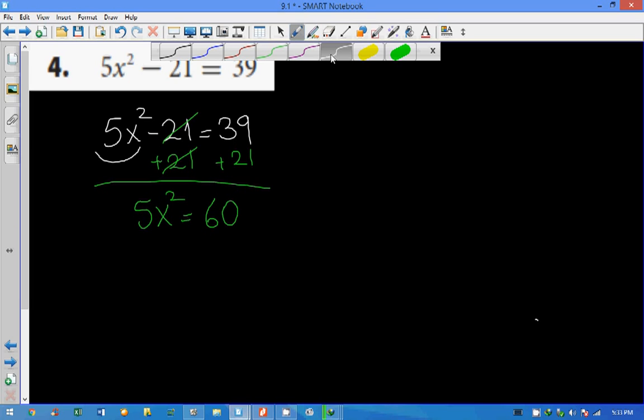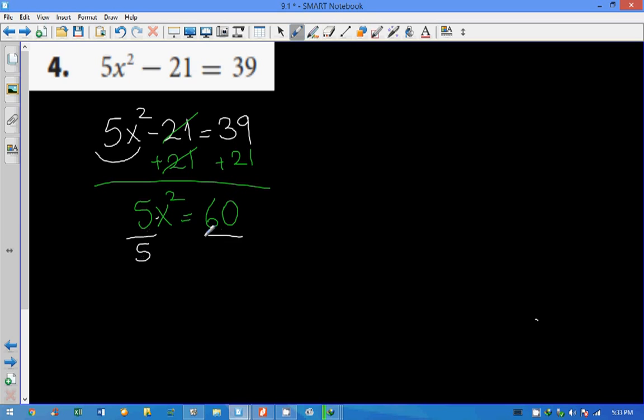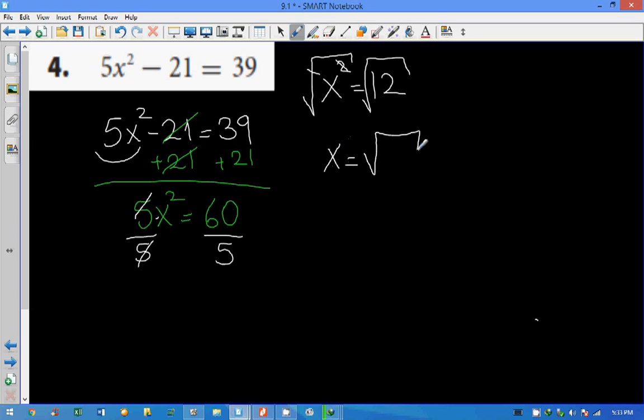Next, how do you isolate x squared? Divide by 5 on both sides. x squared is going to be equal to 12, and let's take the root of both sides. The square and the root cancel each other out. x equals root 12.